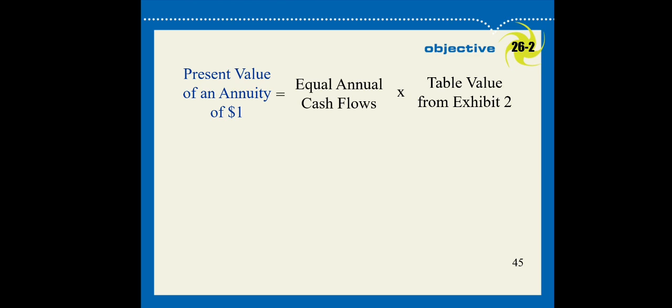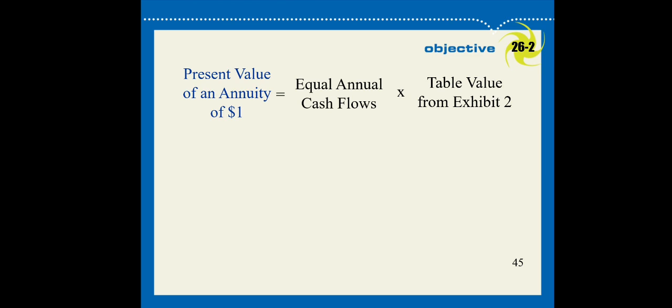So when you see this kind of situation, where every year the net cash flow is the same, you have to refer to present value annuity table. Remember I have told you earlier there are two present value tables, the present value table, and then another one is present value annuity table.